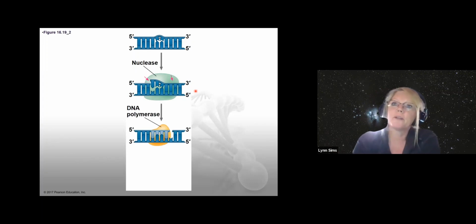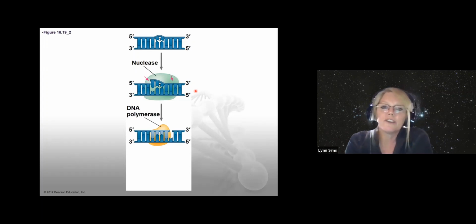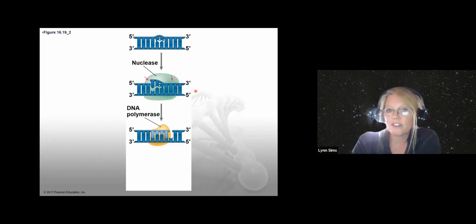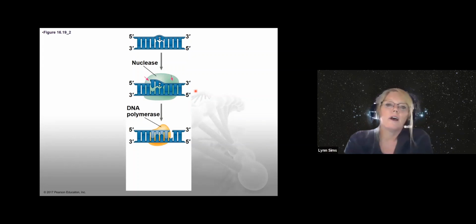And then we have DNA polymerase 1, which is going to replace the damaged bases with the proper bases. Those would be new bases, hopefully matched up properly, and the other strand would serve as the template strand. And then, of course, we have the new bases being added by DNA polymerase 1.